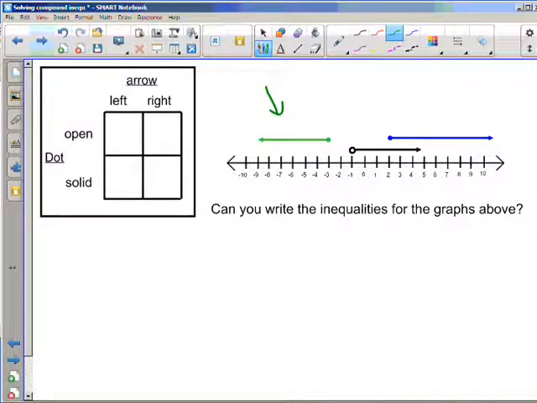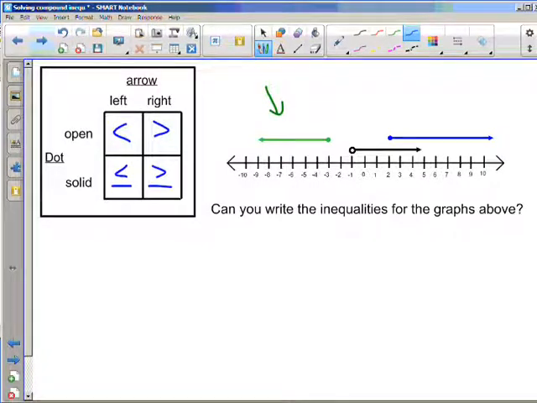Okay, I want to quickly give you a little visual here that you can draw quickly and have as a reference on a test, whatever, but you have to come up with it. But basically, left and open dot, left and solid dot, right, open dot, right, solid dot.